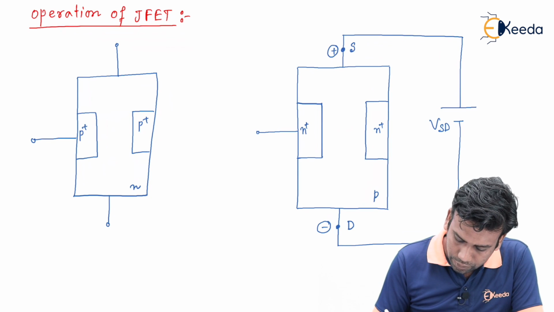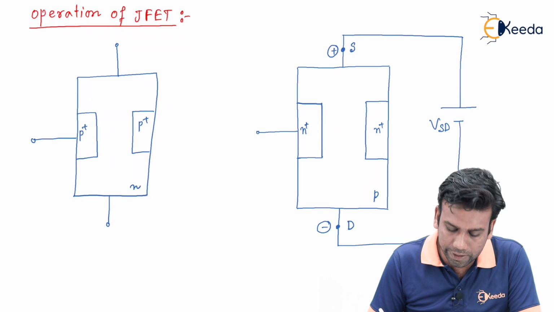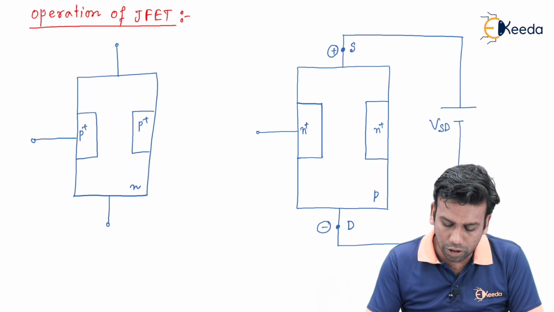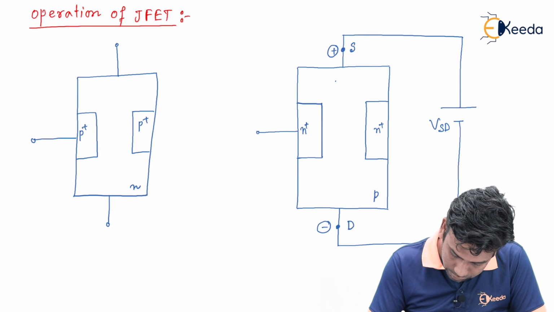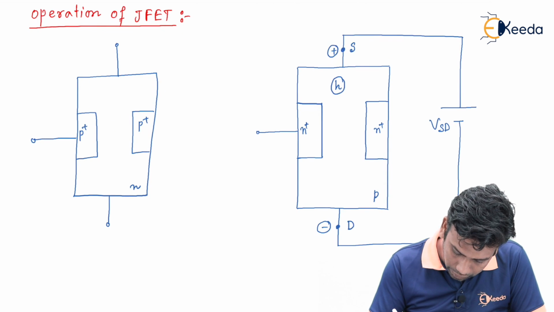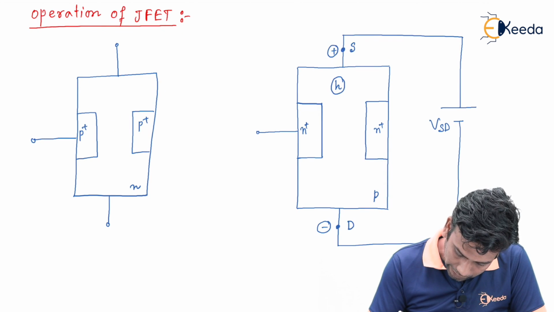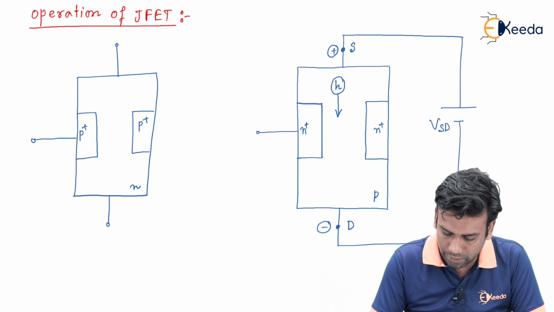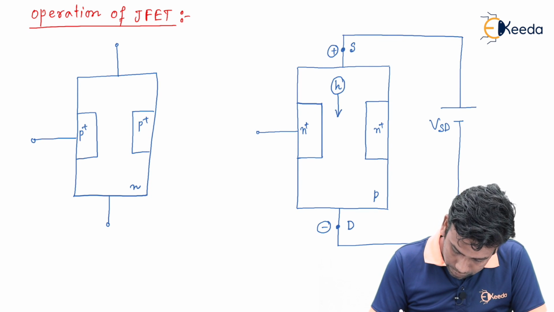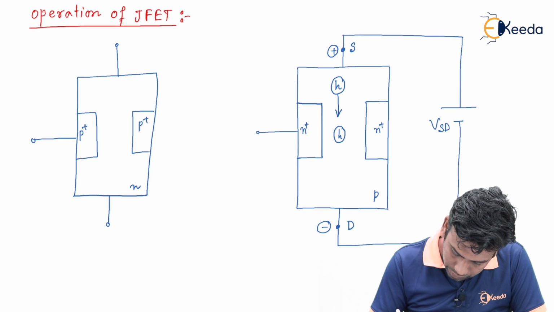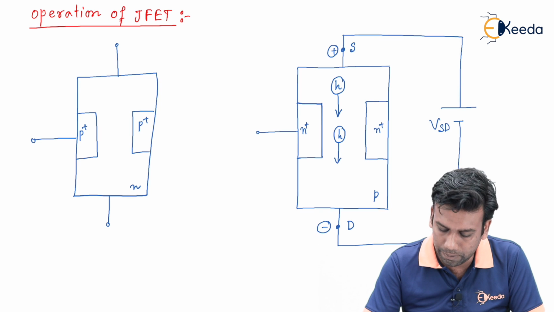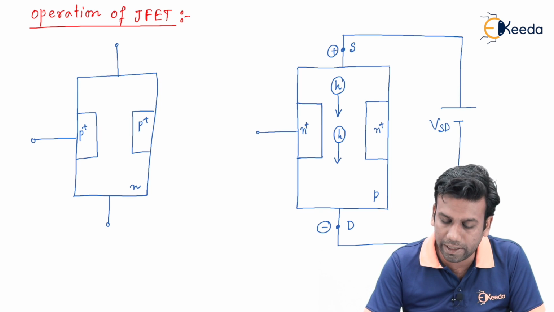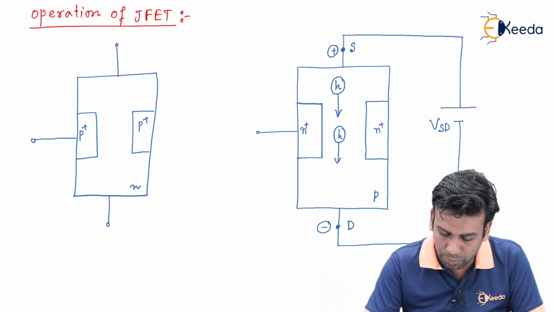So we know that this is a P channel JFET. There will be a lot of holes inside this P channel JFET. So the holes now will flow away from the source towards the drain terminal. In this way, so many holes will move towards the drain terminal and we will get a current equivalent to this whole movement.